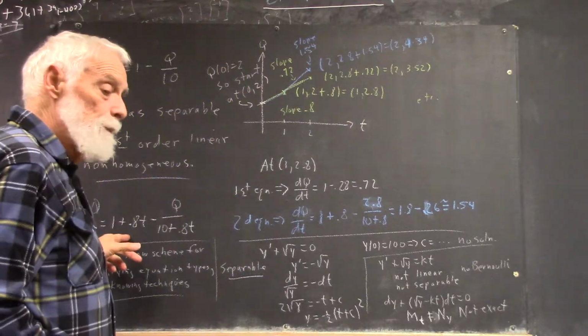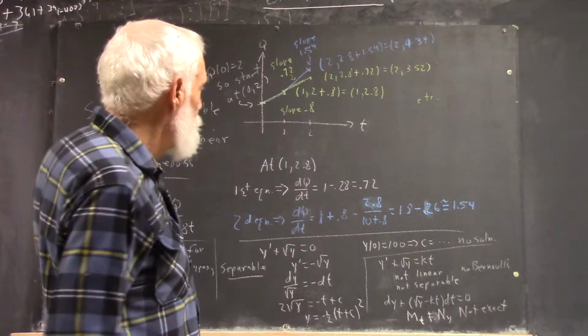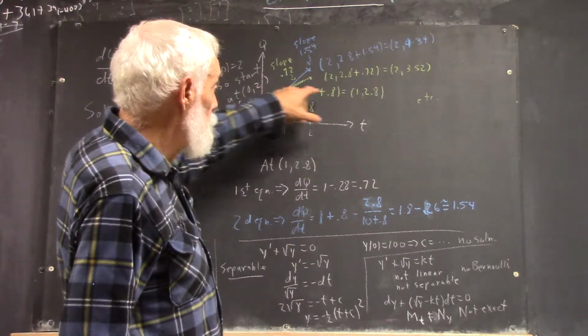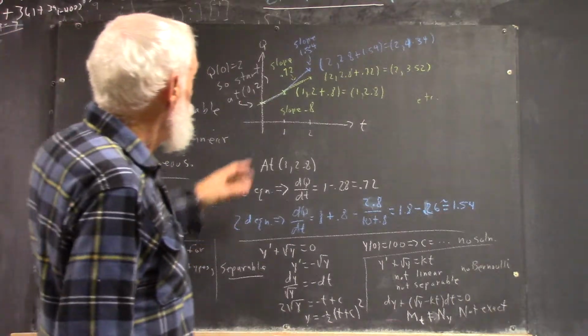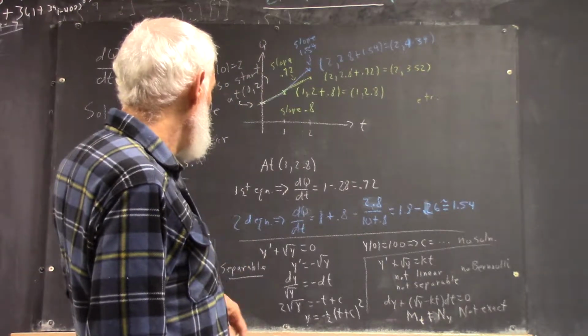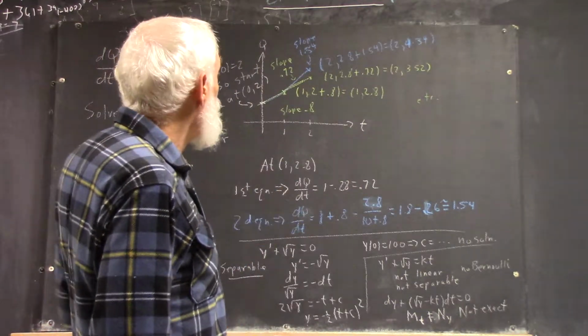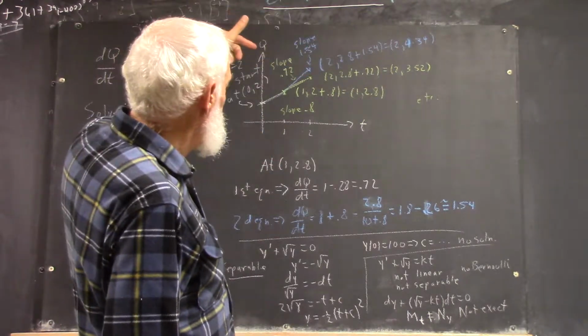For this function, we have t equals 1 and q equals 2.8. We put that in here and we find that the slope is 1.54. It's calculated somewhere down here. And that's an approximation. Could be off by 100th.